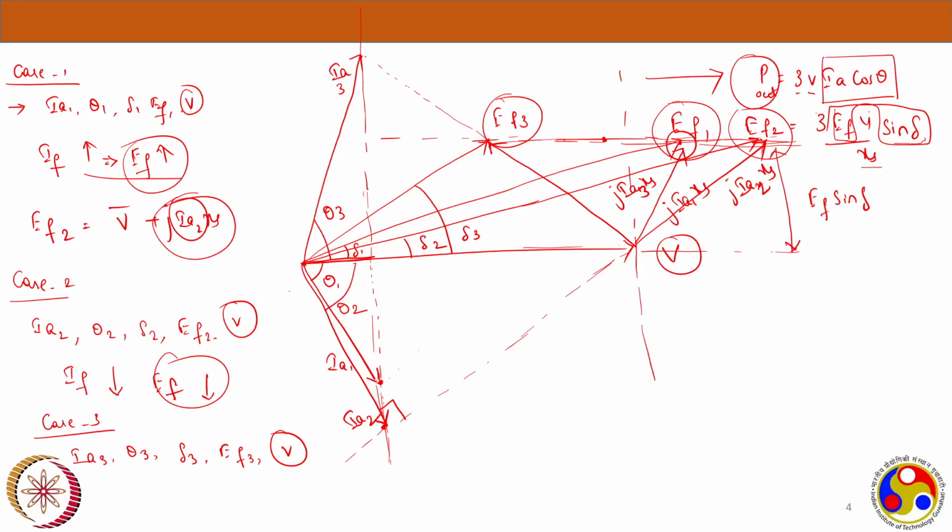You can vary the operating power factor of a synchronous generator by controlling the excitation of the generator. That's the point I have to put here. By just varying the rotor field current, you are able to control the power factor of the generator.